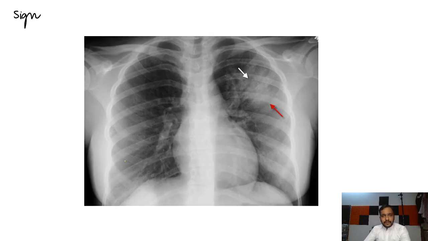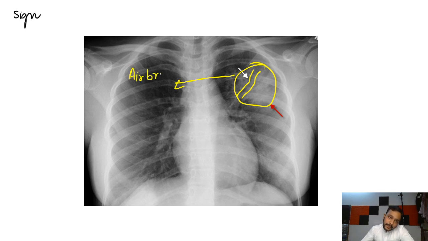Coming to the next case. You have to identify this white arrow. It is pointing towards a linear translucency within a homogeneous, patchy opacity. So this was, guys, an air bronchogram sign that is seen in infective consolidation.